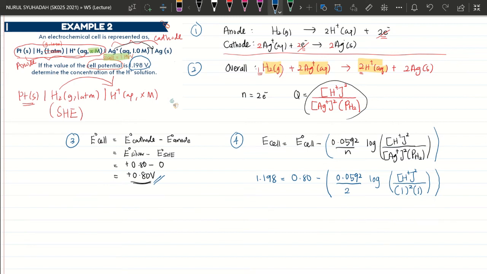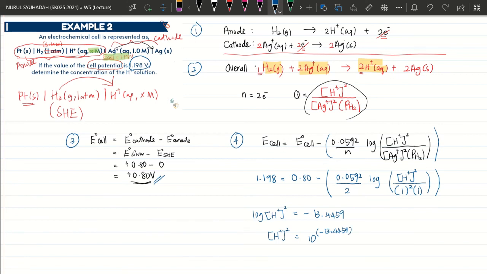So you will get the value here, okay, log concentration of H plus to the power of 2 as negative 13.4459. Make sure you take at least 3 or 4 decimal places, and then to remove the log, it will be 10 to the power of negative 13.4459.